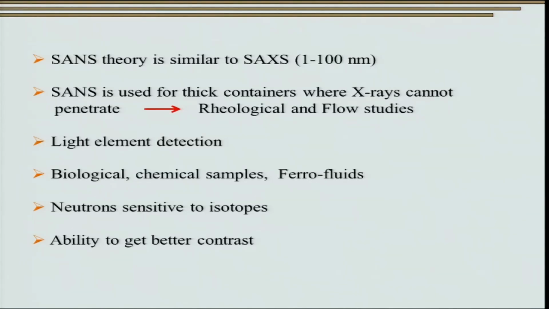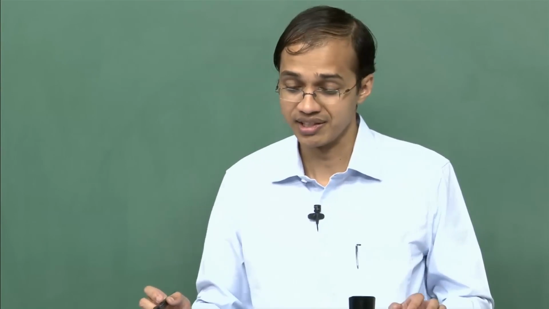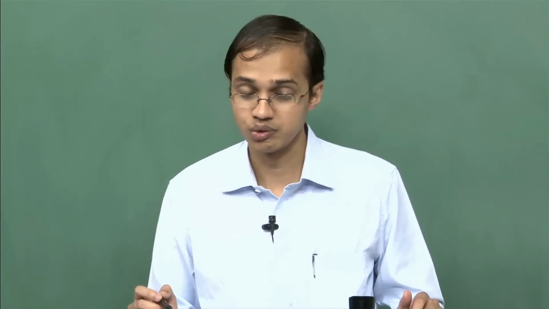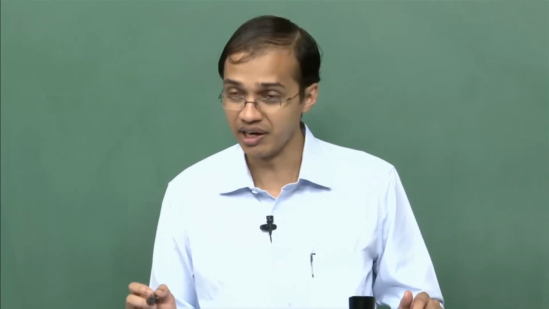But the big advantage that small angle neutron scattering offers is that we can penetrate deeper, within containers made of metallic materials and containing various soft matter like polymers, and see what is happening to it as a function of flow or applied stress. Therefore we can study the rheological as well as flow behavior of soft matter using small angle neutron scattering.